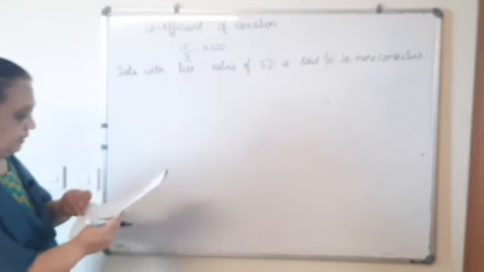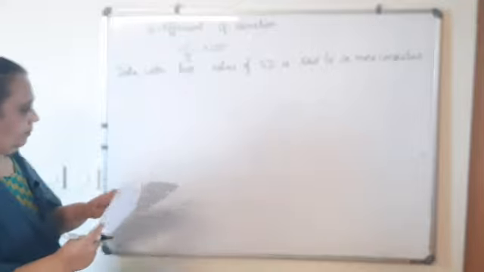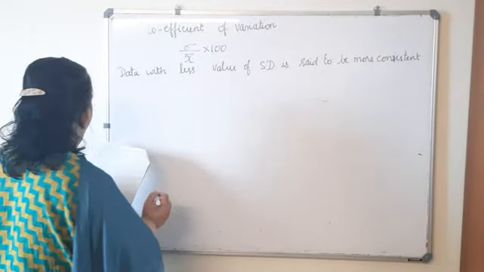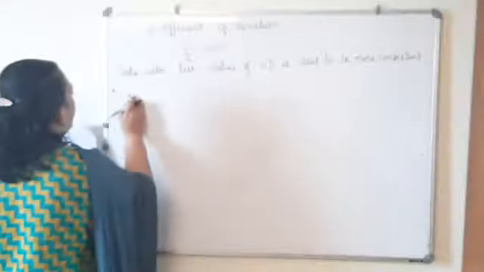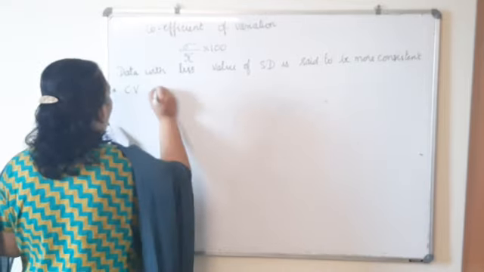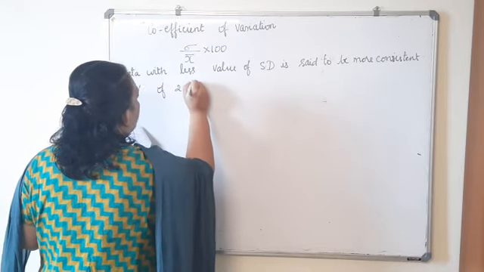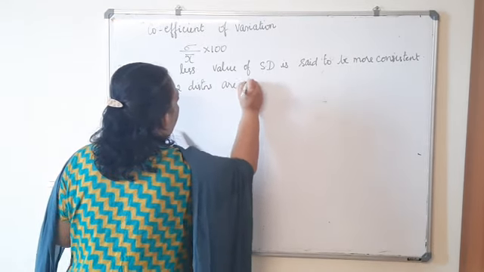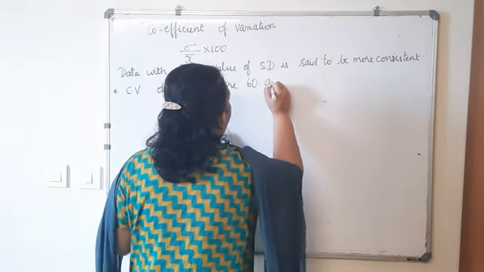Now, let us calculate coefficient of variation. I'll write coefficient of variation as CV. Coefficient of variation of two distributions are 60 and 70.